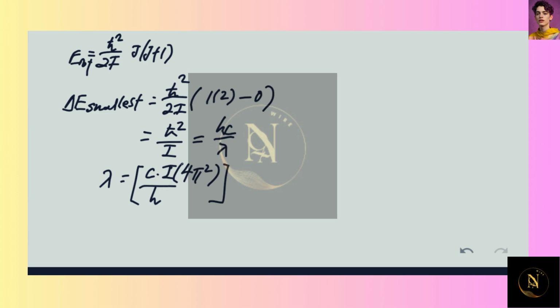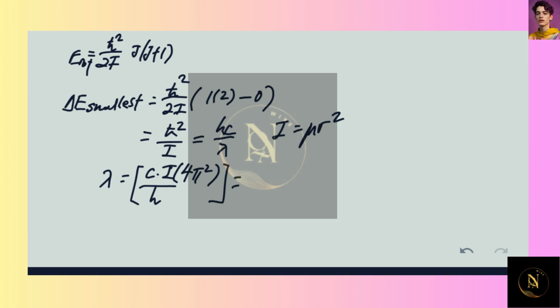Now for the moment of inertia I, I is equal to mu, the reduced mass, multiplied by the interatomic distance between the molecules squared, so mu times r squared.